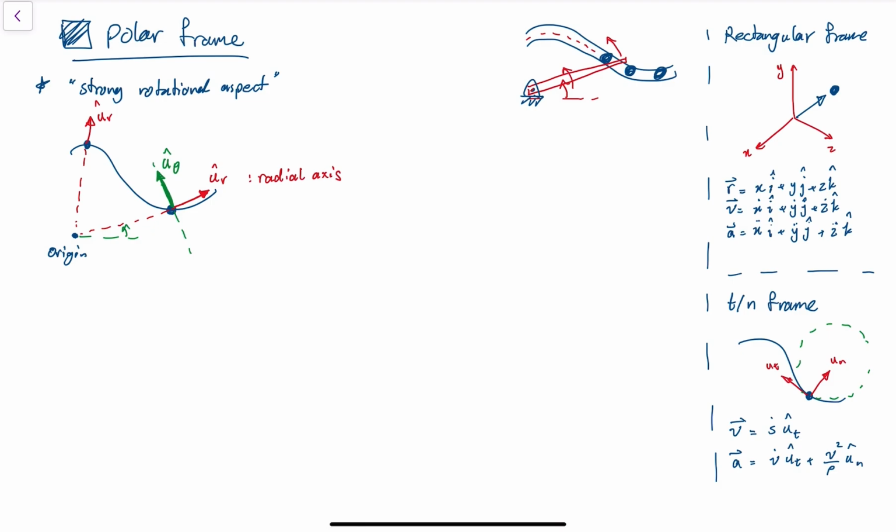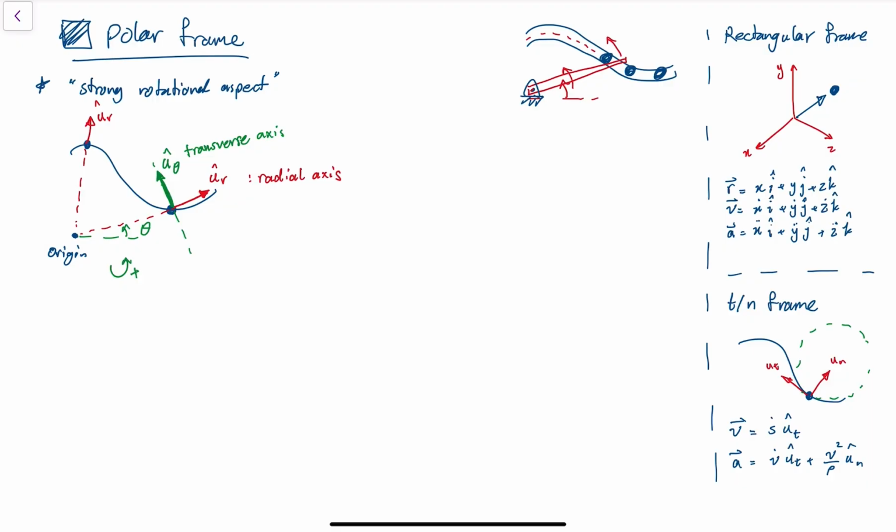That's an ugly theta. So if this is theta, if we consider this direction to be the positive direction of rotational direction, we take the transverse axis to be in the direction pointing towards increasing theta.